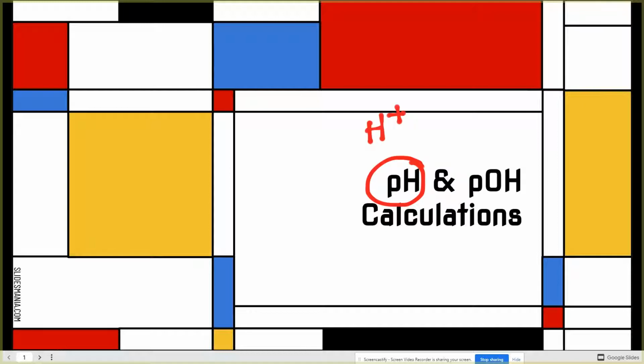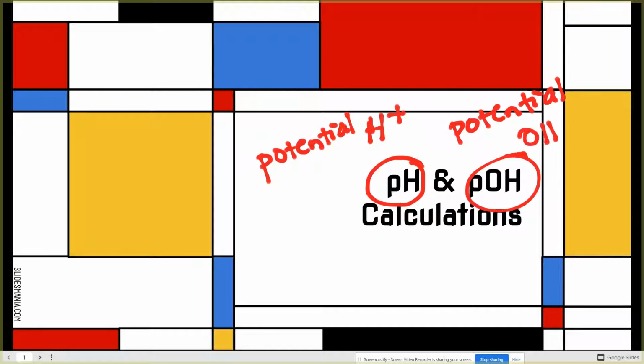P means potential hydrogen. And pOH, guys, measures the potential OH.